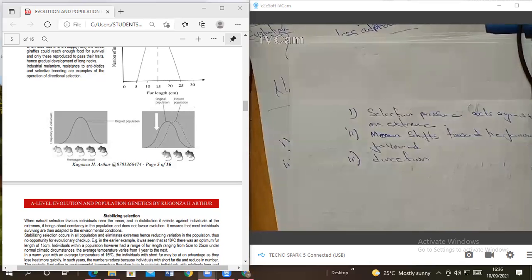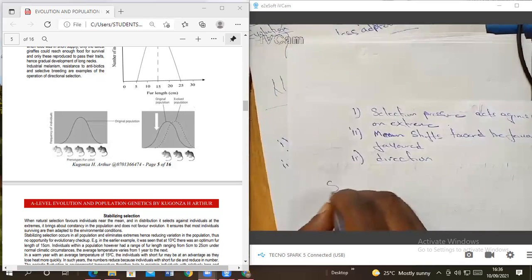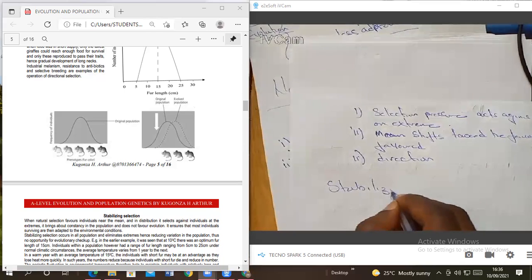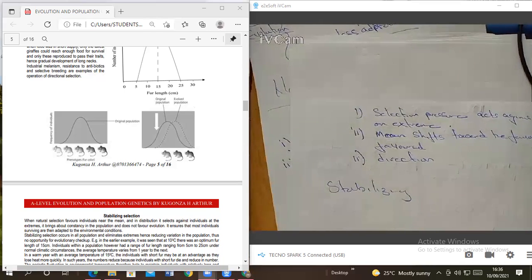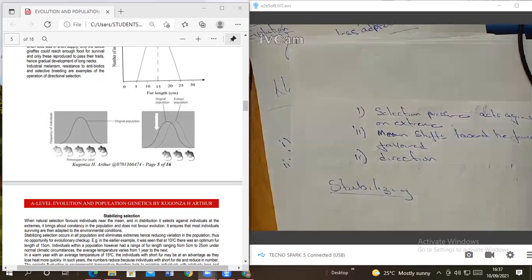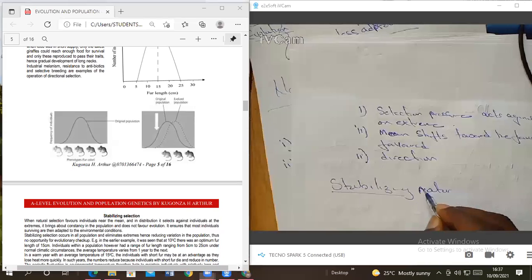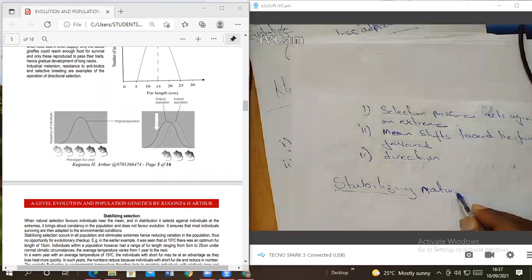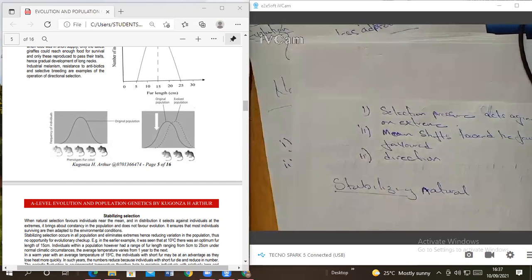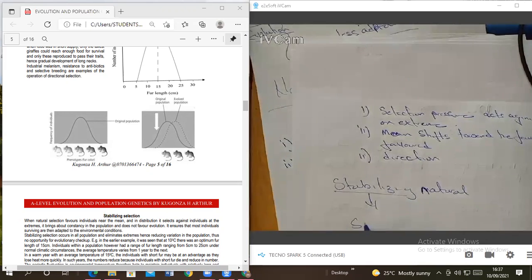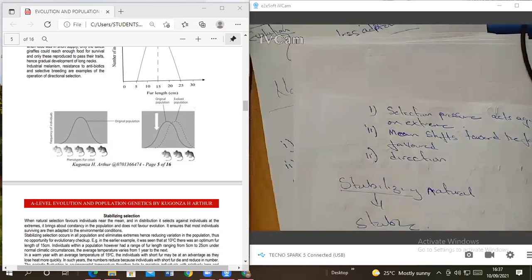We leave that. We go to what we call stabilizing natural selection. Who can tell me from which word we get that term stabilizing? Stabilizing comes from the word stable.